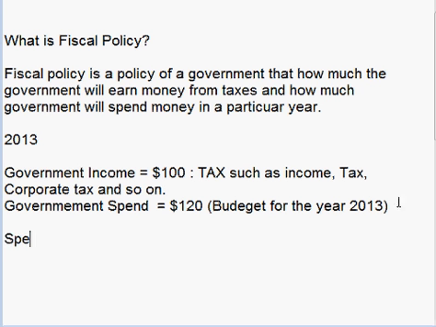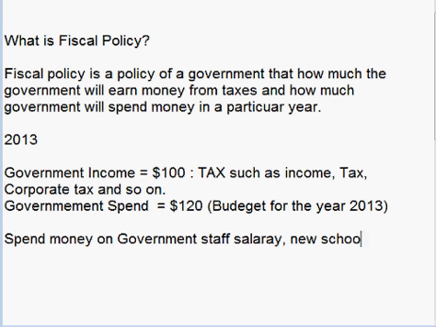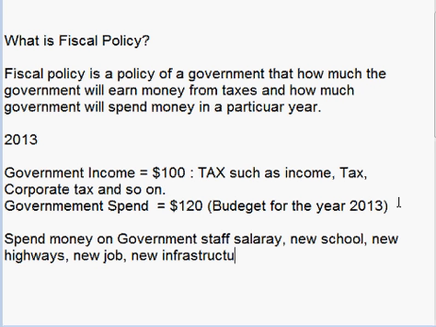The government can spend money on government staff salary, so that is one thing. Then the government can make new schools, new highways, new jobs, new infrastructure, and so on. All these things are government spending.